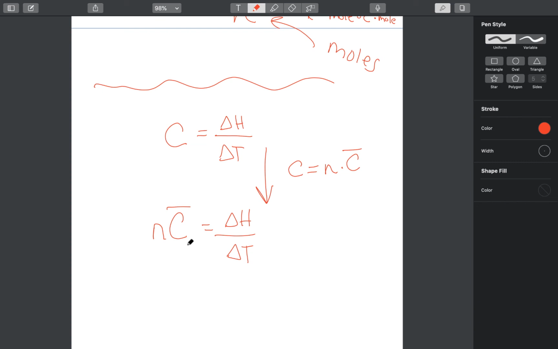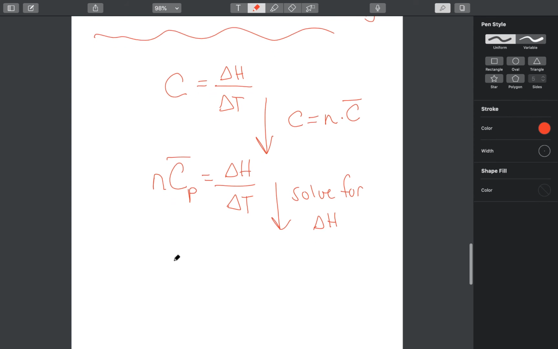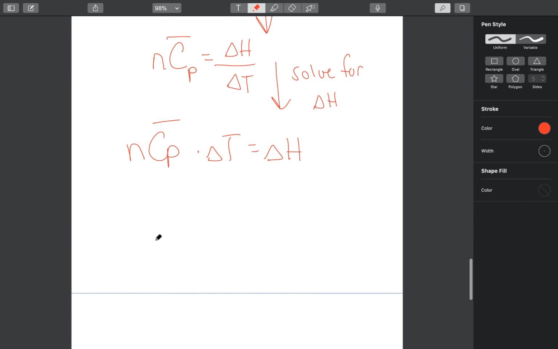And what I'm going to do here is put a little subscript P by this C bar here. This is just indicating that we are under constant pressure, so CP bar. Now we are going to solve for delta H. Delta H in this case will be equal to N CP bar times delta T, and this will give us our first equation.